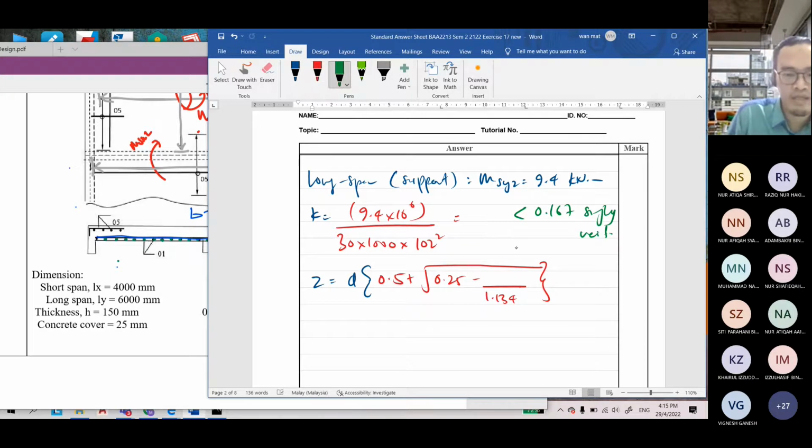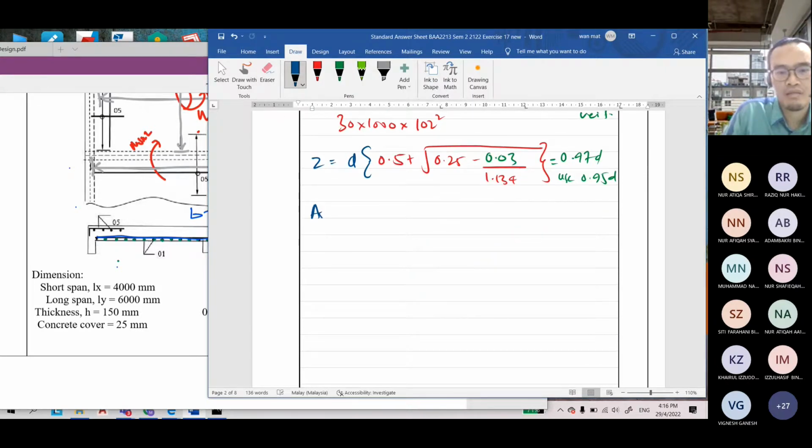Can I get the value of K? 0.03. Okay, what is the answer here? 0.97D, so you use 0.95D. Okay, thank you.